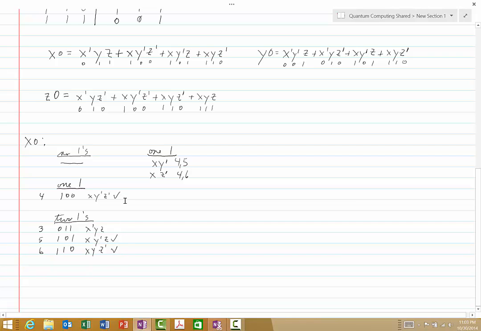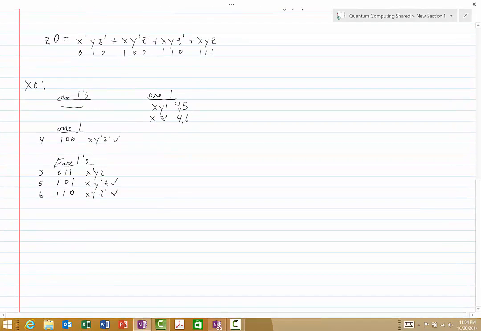That's it. And so now we look at the unchecked terms. I'll put it here: unchecked terms. And those will be X, Y prime.